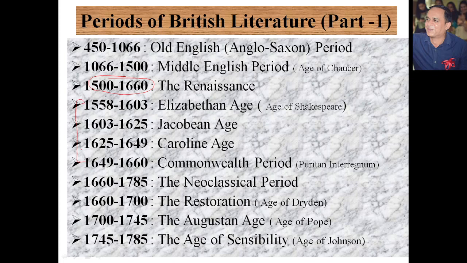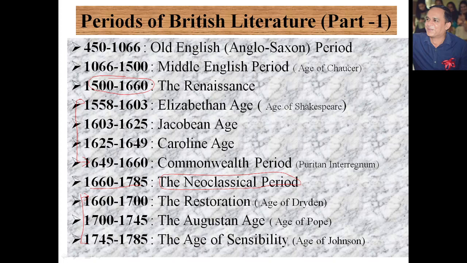So all these fall under the impact of Renaissance, right? Similarly here also the Neoclassical period, this entire Neoclassical period is from 1660 to 1785. That means it covers briefly these three sub periods: the Restoration Age, the Augustan Age, and the Age of Sensibility.